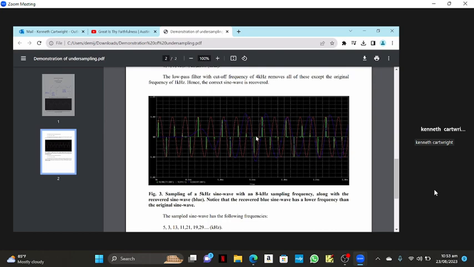And look at the blue. Can't you see that the blue period is longer than the red period? So the blue that I recovered is at a lower frequency. As a matter of fact, can you tell me what frequency I recovered? What is the frequency of blue?